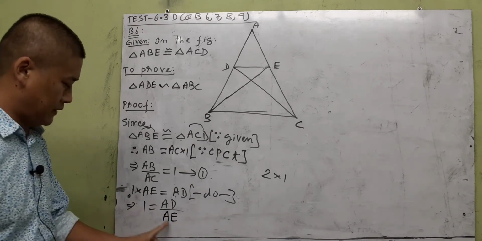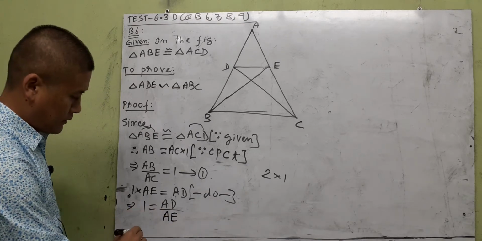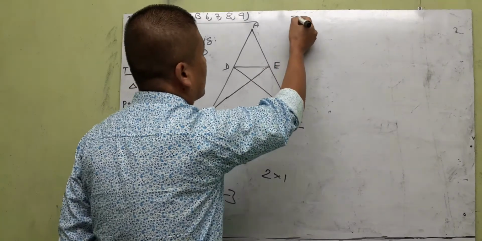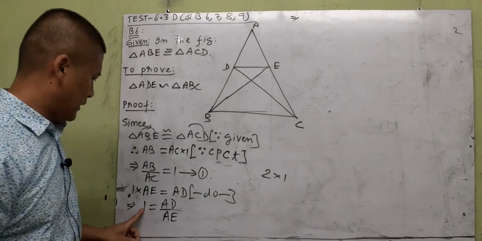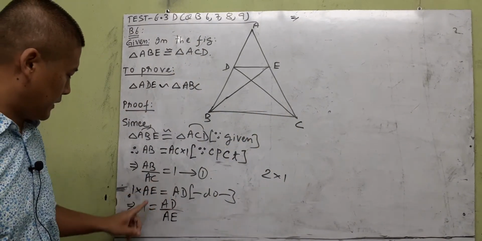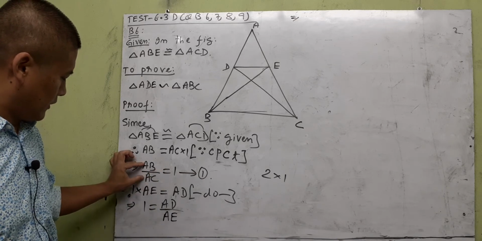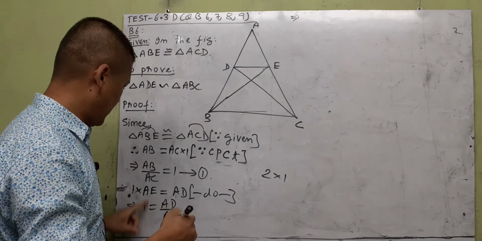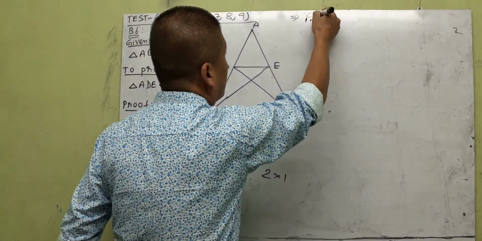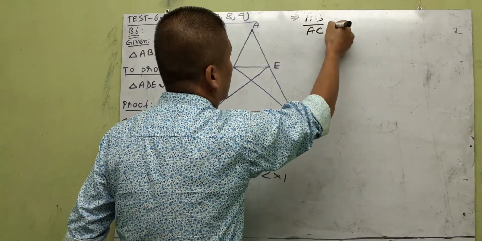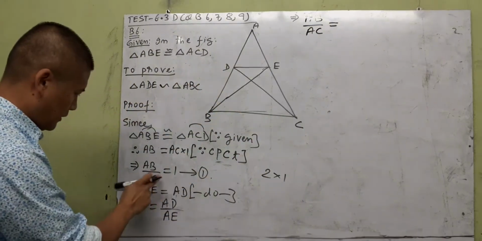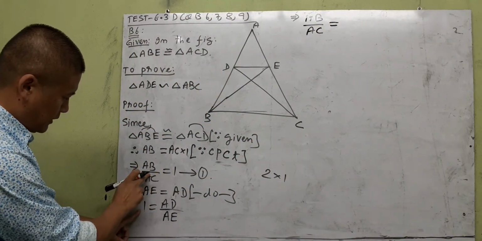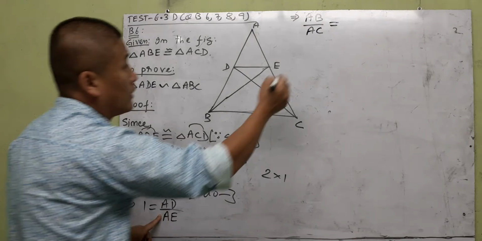So you can shift this down. Now next step, that implies 1 and 1 are the same, so you can replace this 1 by this one. So AB by AC is equal to AD by AE.